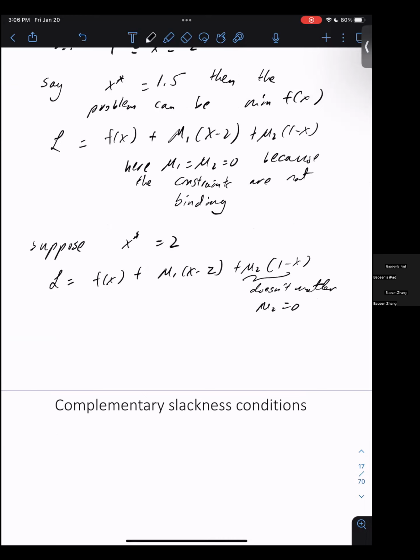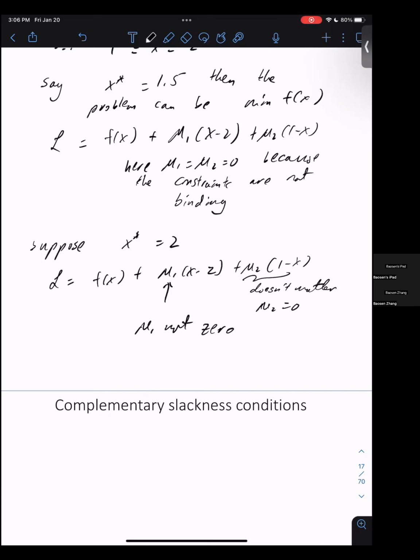This one does matter, right? I need the fact that I have the upper bound. I need to reflect the fact that my upper bound is binding. So here I need mu 1 not equal to 0. That's the idea of complementary slackness: a way to encode which of your constraints will be binding.